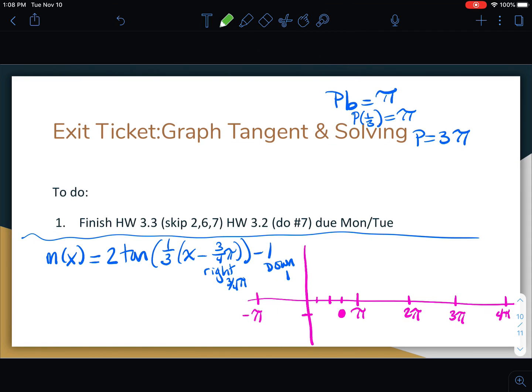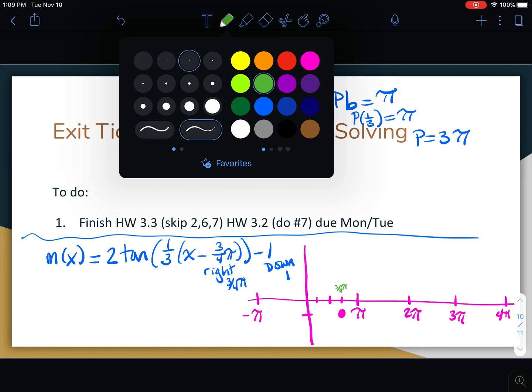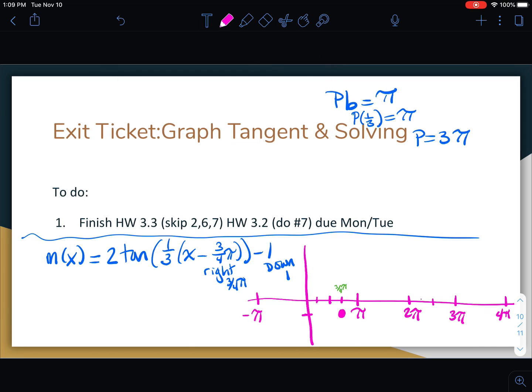Okay, now from here we need to find the asymptote. So we need to go from the left and right of 3/4. So again, this is 3/4 pi. We want to go to the left and right 1.5, which, if we're adding 1.5 to that, is 2.25. So let's go ahead and put in those little breaks.